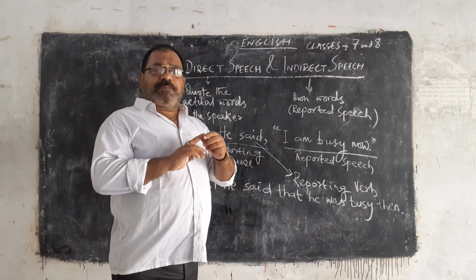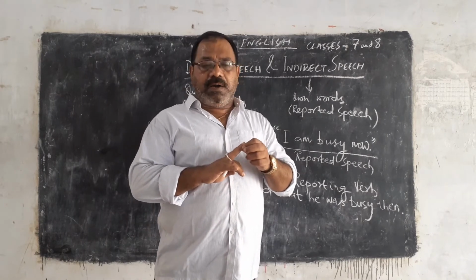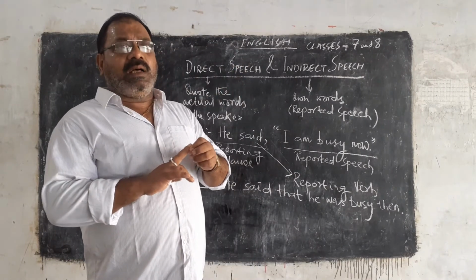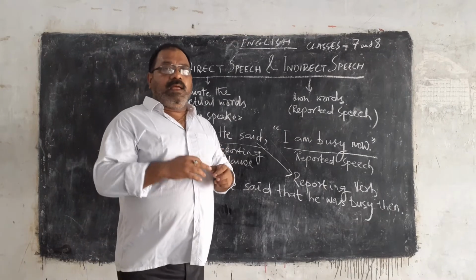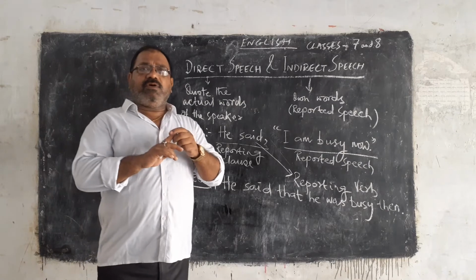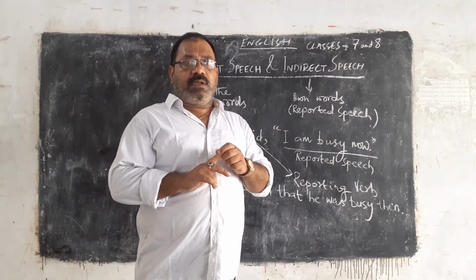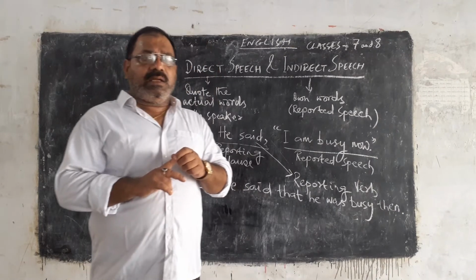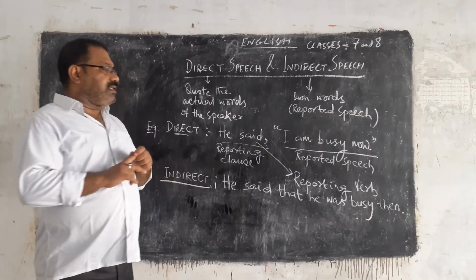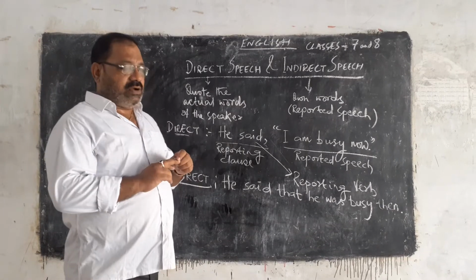We separate the reported speech from the reporting verb by putting a comma after the reporting verb. And in indirect speech, we remove the comma after the reporting verb and we transform the sentence. We remove the inverted commas also. We transform the sentence accordingly.